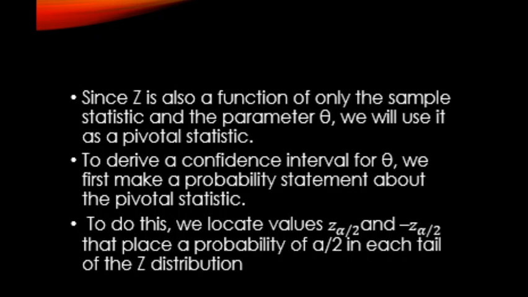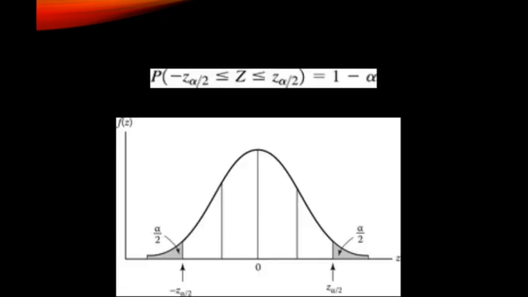This z value is a function only of the sample statistic and the parameter theta, so we can use it as a pivotal statistic. We will have a distribution of this pivotal statistic, and depending on the confidence level, we can create the confidence interval.